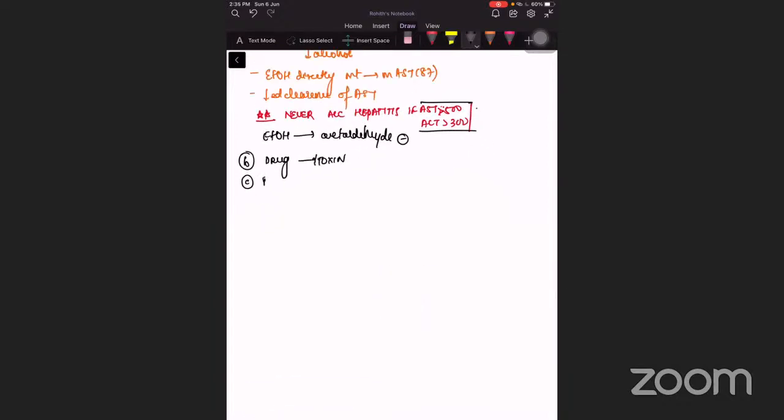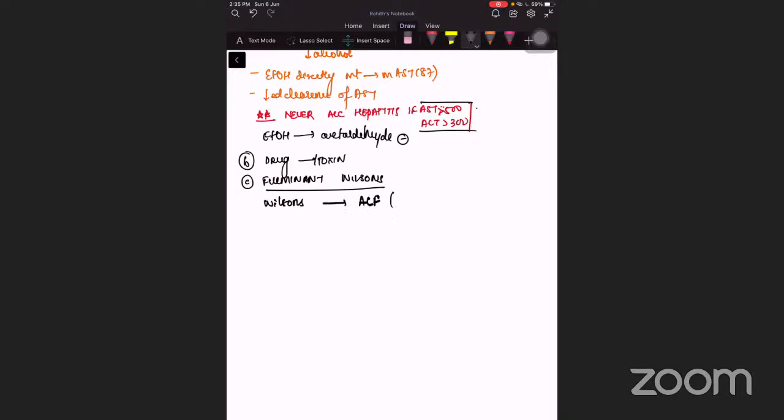One more not-to-miss condition is fulminant Wilson's. What we mean by fulminant Wilson's is a patient with Wilson's disease presenting with acute liver failure.